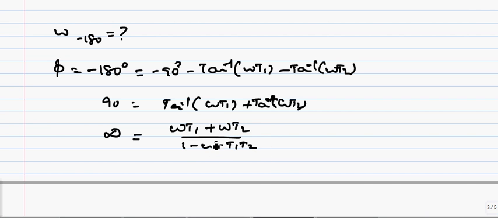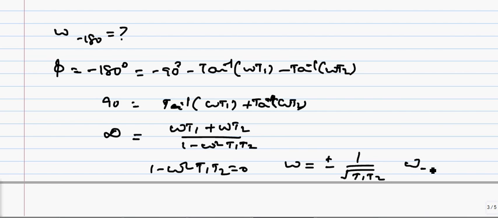We are taking a value somewhere in between 0 and infinity. Now 1 minus omega square t1 t2 should be equal to 0. So omega equals plus or minus 1 over square root of t1 t2, but the omega at minus 180 degrees in this case is 1 over square root of t1 t2, which is plus.